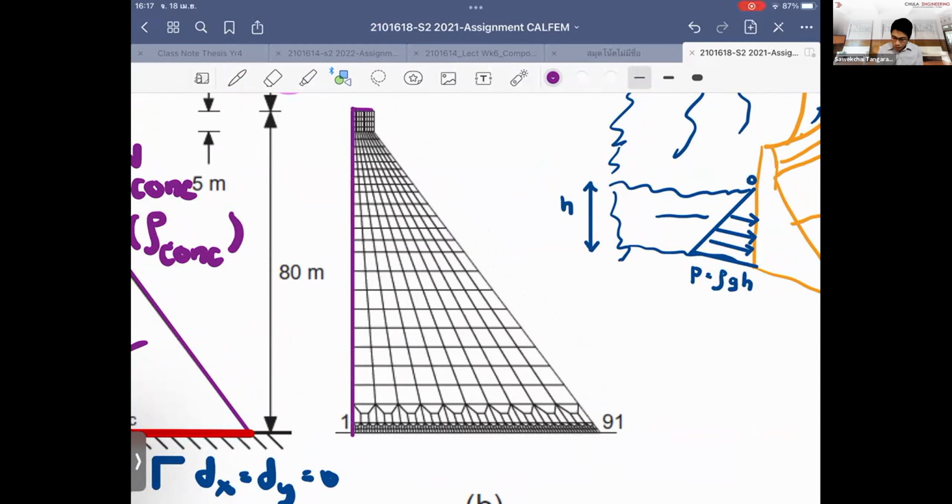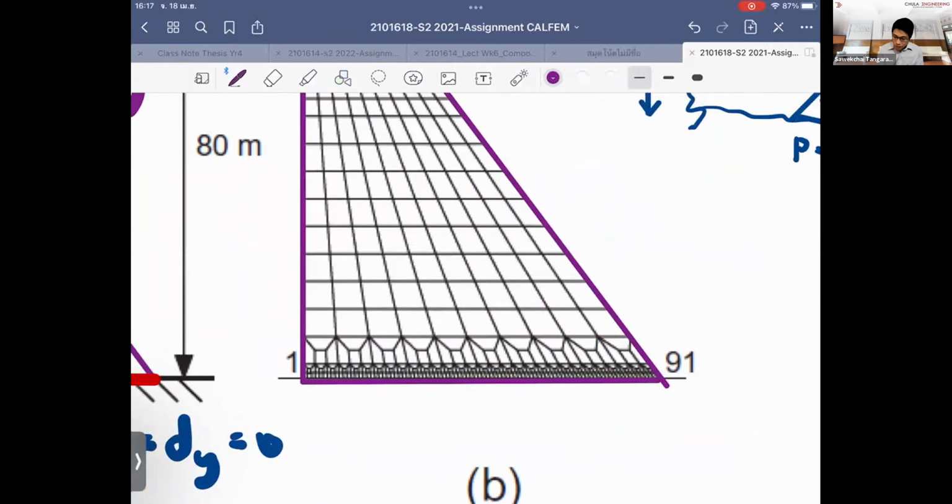This is the boundary of the dam at the crest point. And what I do is I count right up to 5 meters, assuming it should be the distance over here.